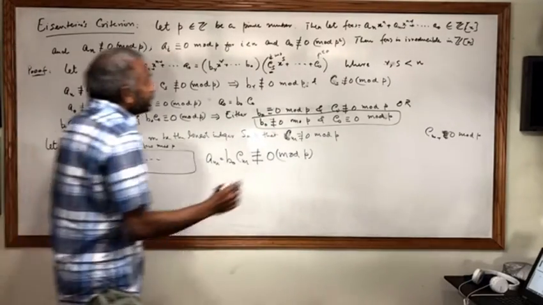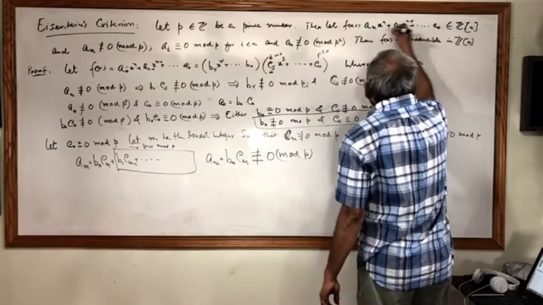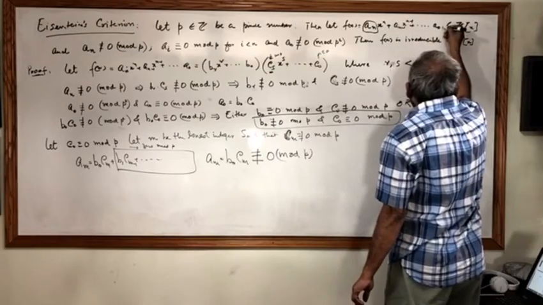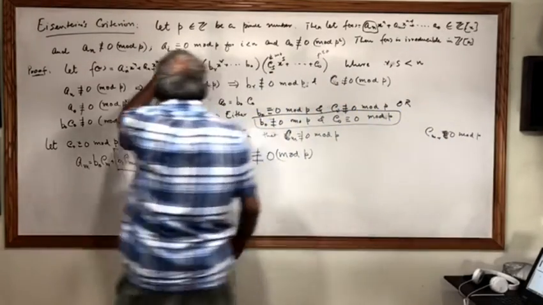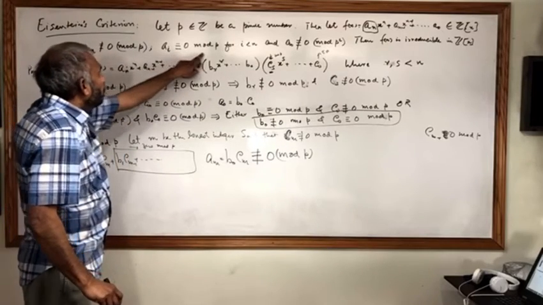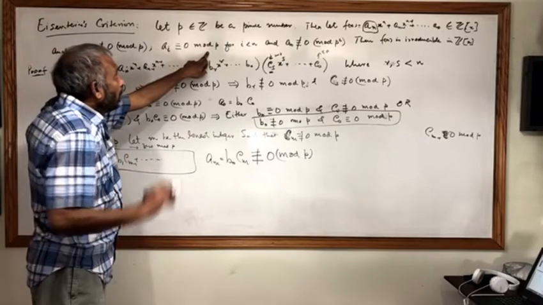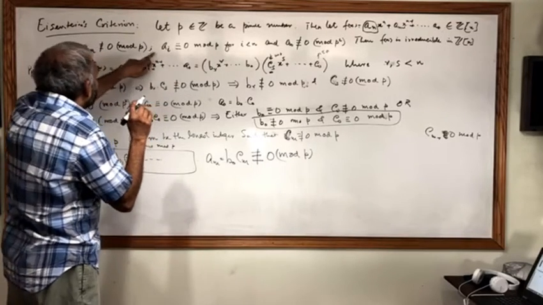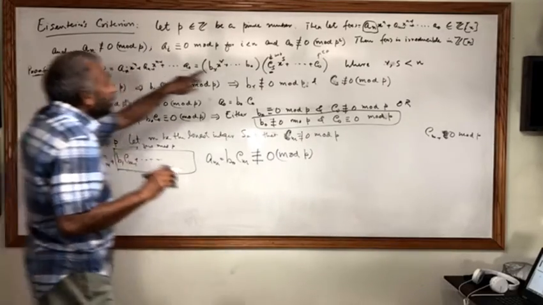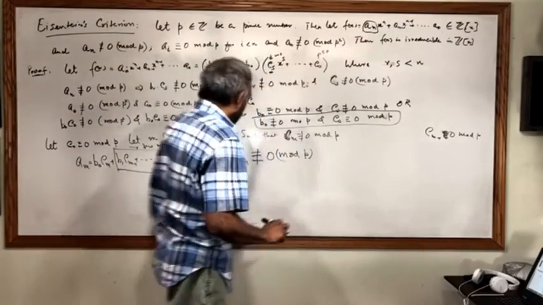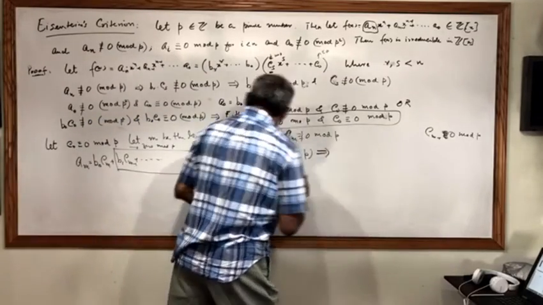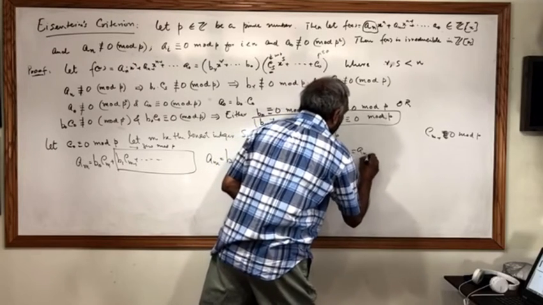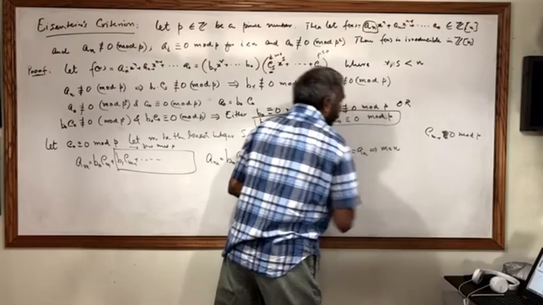So in this polynomial, except an, all are congruent to 0 mod p. The only coefficient of the power of x that is different from 0 mod p is the first one, an. So this implies am is equal to an, and that implies m is equal to n.